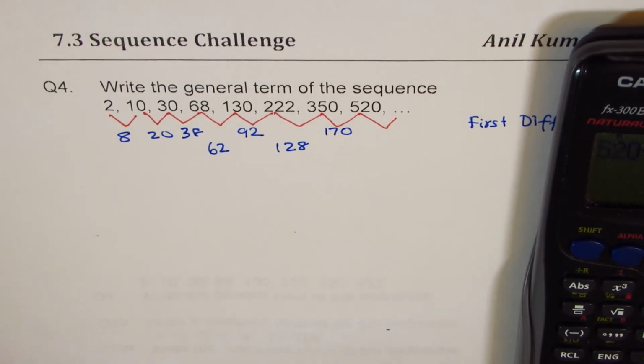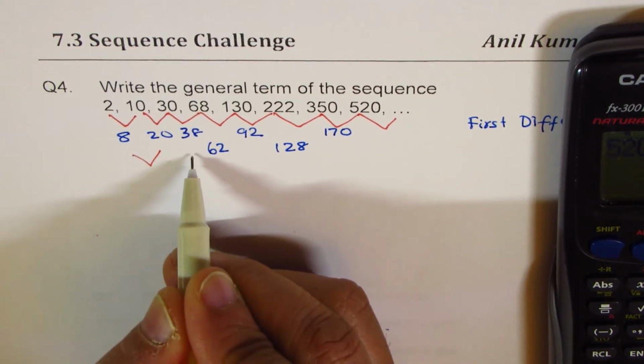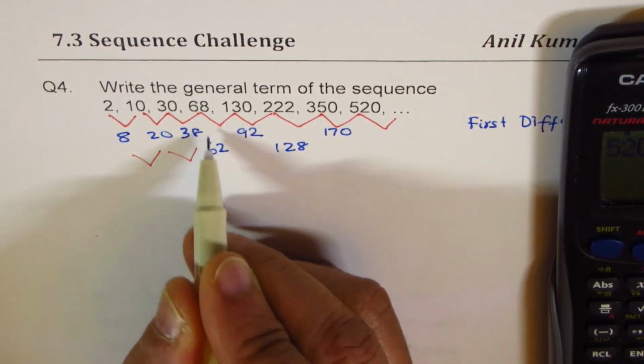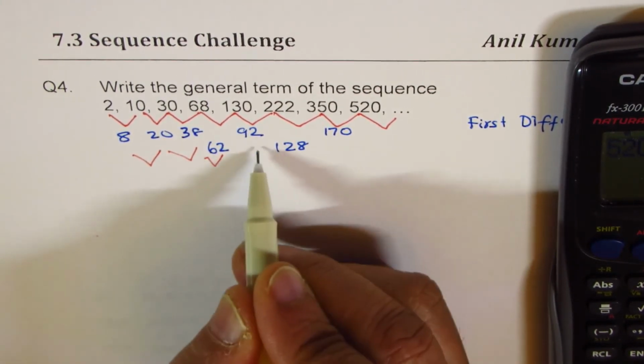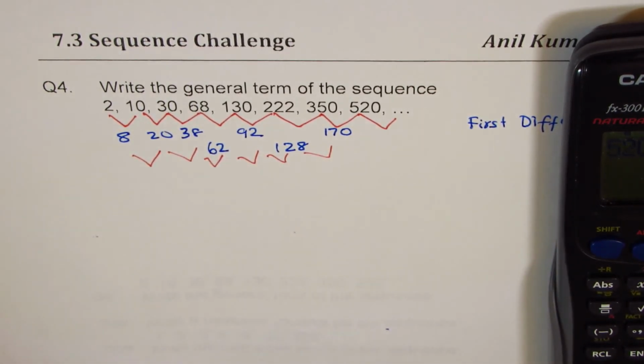Now we will do the second difference, that is the difference of these two, those two, then these two, and so on. Correct?